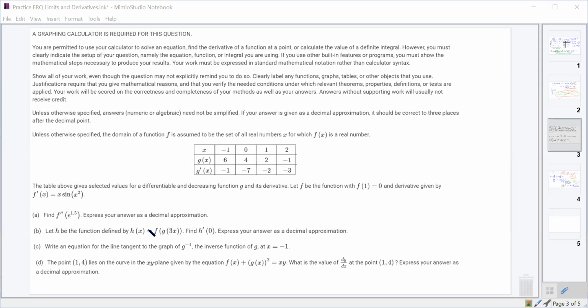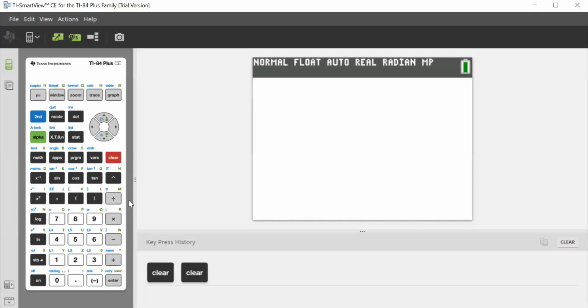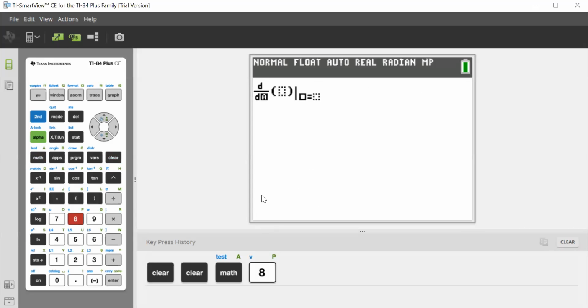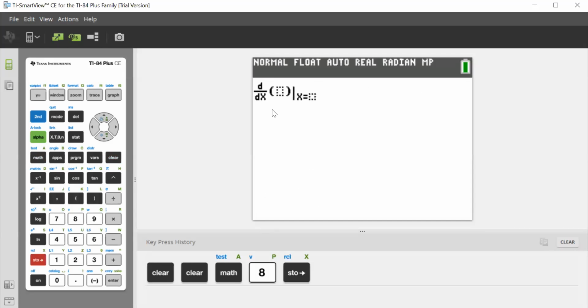But since this is a calculator question, the easier option is to use our graphing calculator, go into the math window, go to option 8, which is your nDeriv, and type in your function, which was x sine of x squared. Is that right? That's right. Okay.